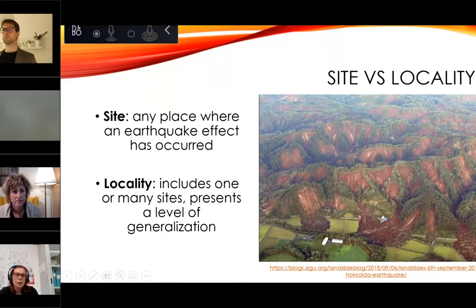So a site should be each single landslide, while a locality can encompass a number of landslides. And anyway, both sites and localities are point values. So this is important for the subsequent steps.